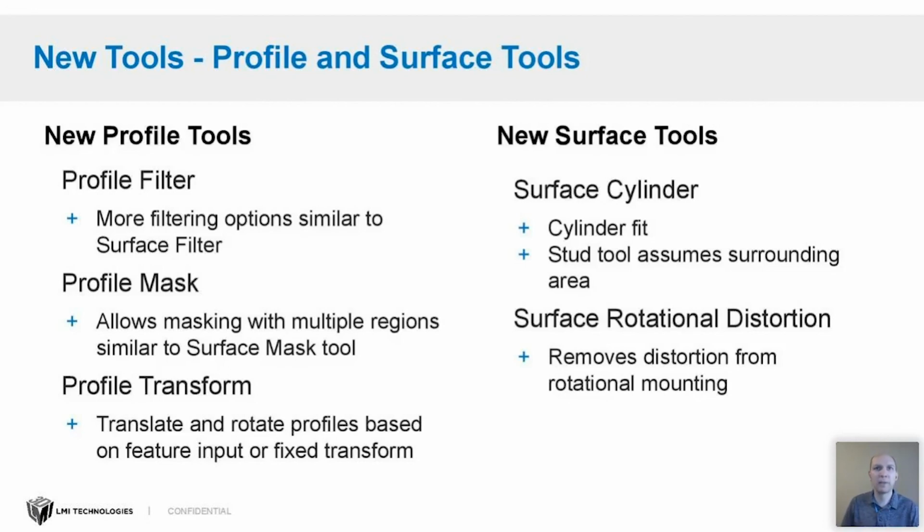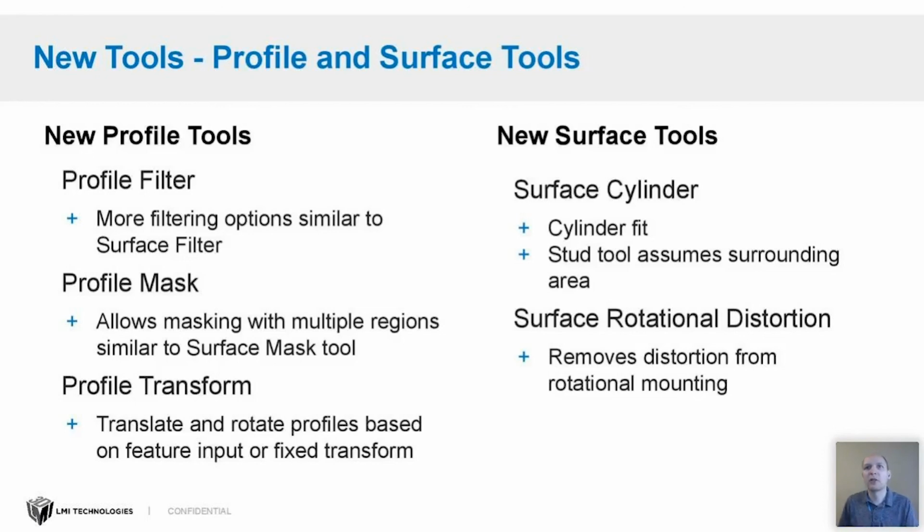If the filtering on the scan page isn't sufficient for you, you'll find more options in this new profile filter tool. Profile mask allows you to mask out multiple regions, similar to the surface mask tool. And finally, profile transform allows you to perform any sort of rotation or offset on your profile.